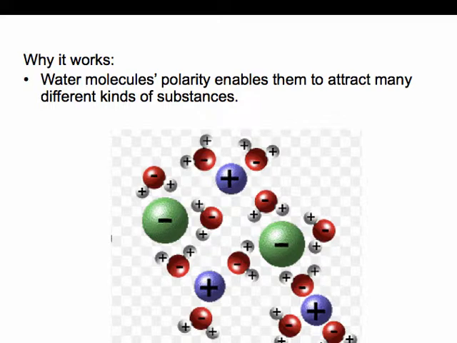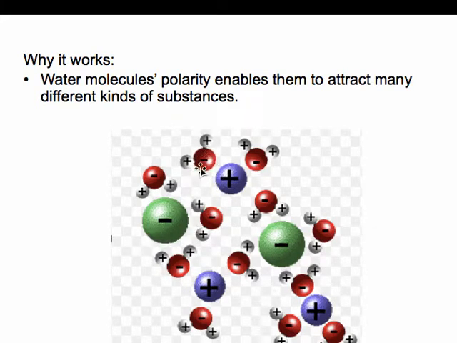Now, why does water dissolve many different types of substances? It works because of the structure of water. Remember from our previous video that water is a polar molecule. It's a dipole. It has a positive side and a negative side. So water attracts different types of molecules.